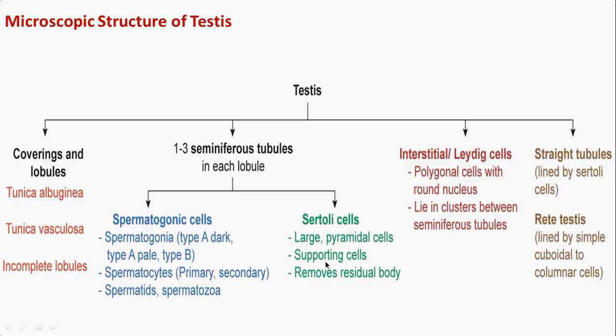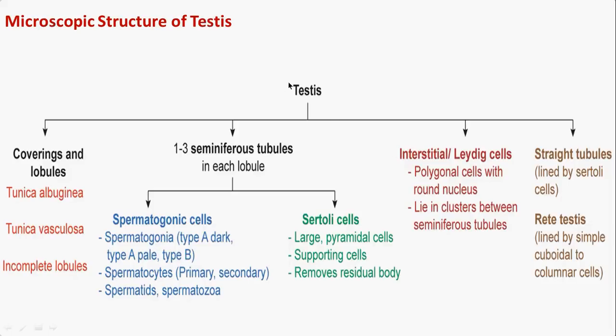They are large pyramidal cells, also supporting cells, and they remove the residual body. Another cell is the interstitial cell or the Leydig cell. It lies in clusters between the seminiferous tubules. We will see it. Straight tubule lined by Sertoli cells, and the rete testis.